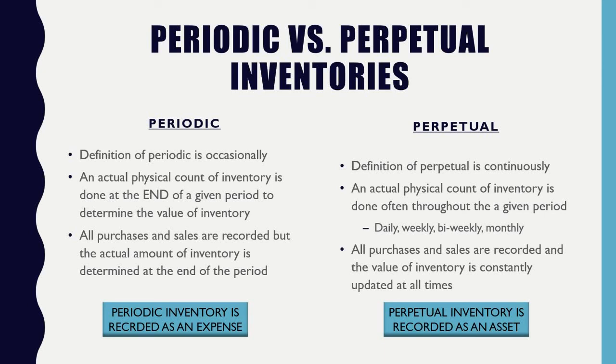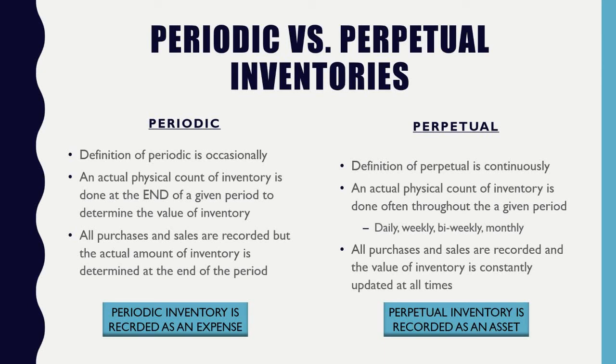Whereas perpetual is constantly updated throughout every single day. Whether you make a purchase or a sale, it's automatically updated, and you know how much you have at any given time, not just at the end of the period.